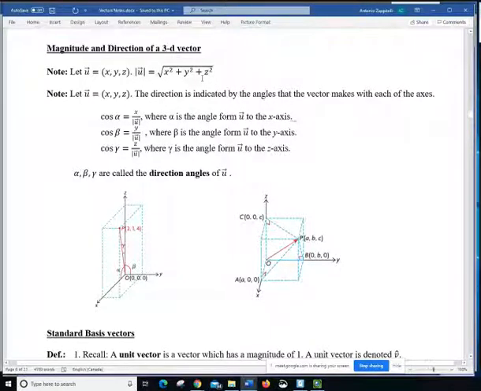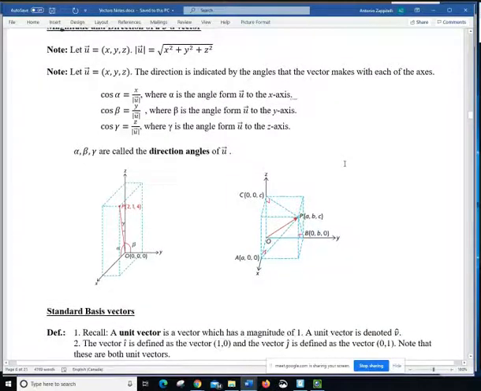If we want to describe the direction, luckily we won't need it very often, but if you do, we describe it using these three angles to the three coordinate axes: alpha, beta, and gamma. And in order to find the angle to the x-axis, you just need to use the x component. To the y-axis, just the y component.